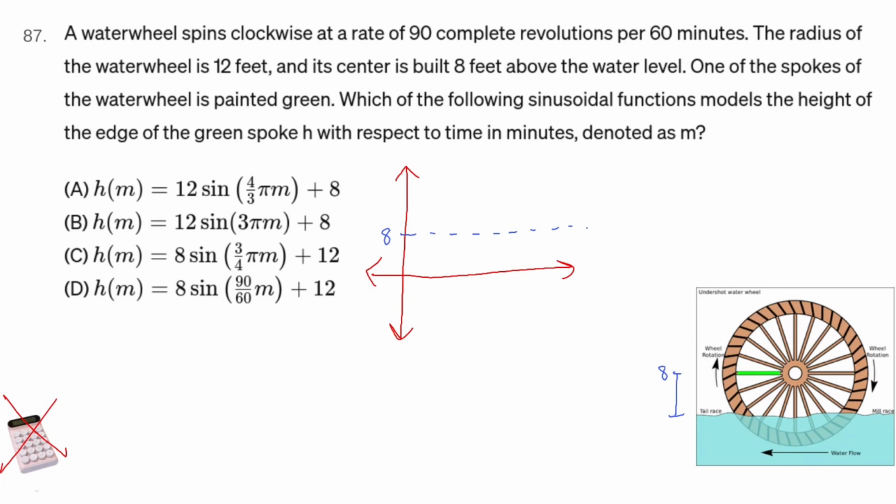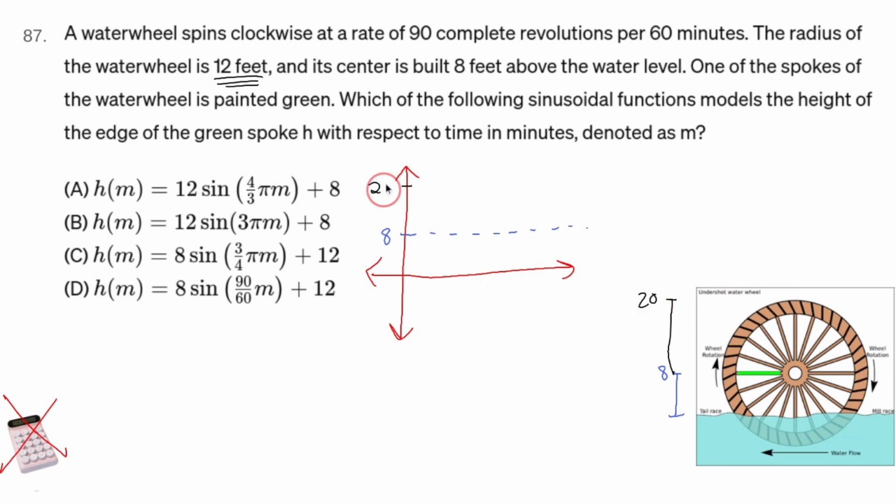Now, whenever you're given a sinusoidal problem and you are given a radius, that radius is your amplitude. As this guy turns, you're going to hit a tippy top, and that tippy top is going to be the length of the radius. So 8 plus 12 is going to be 20 feet up in the air.